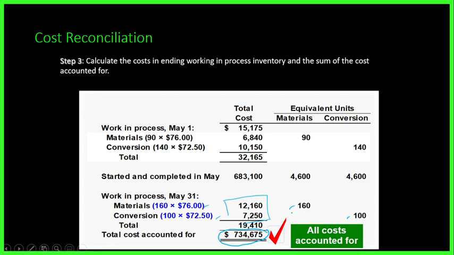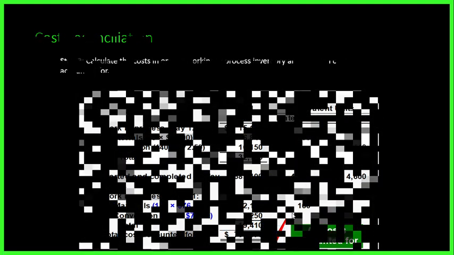Lost units for weighted average or lost units for first in, first out. Ayan. Lost units if they happen at the beginning of the process, during the process, or at the end of the process. Okay, or lost units when they are considered as normal losses or abnormal losses. Okay, so those will be your assignments.